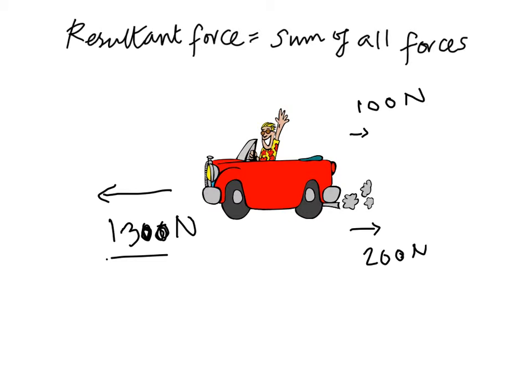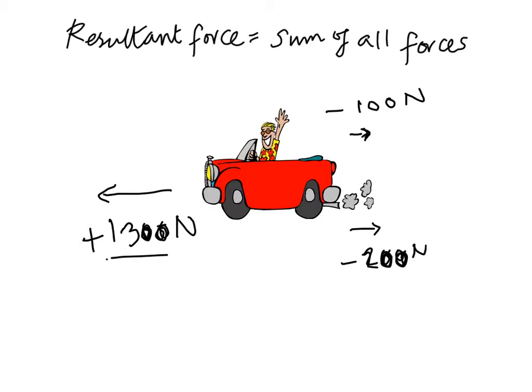What you need to understand is you can have the forward force as positive and the backward force as negative, even if the question doesn't give you the signs of these forces. So we can assign a sign to the forces depending on the direction. Let's have the forward direction as positive and the backward as negative.